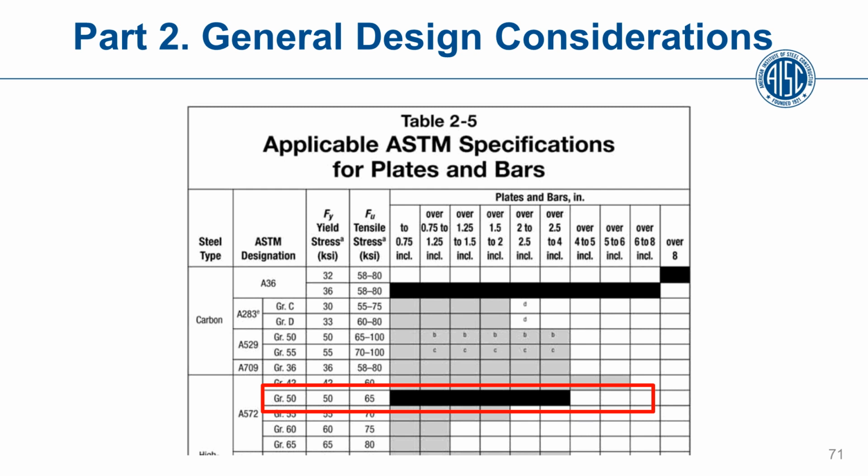For some of the thicker ones, over 4 inches up to 8 inches, 36 KSI is the preferred material. Over 8 inches, 32 KSI. But you can see the preferred material for most of the common plates you're going to be using in your design now has a yield strength of 50 KSI.